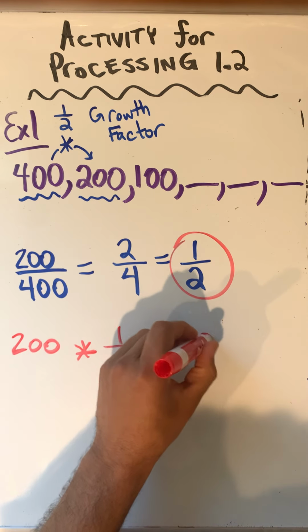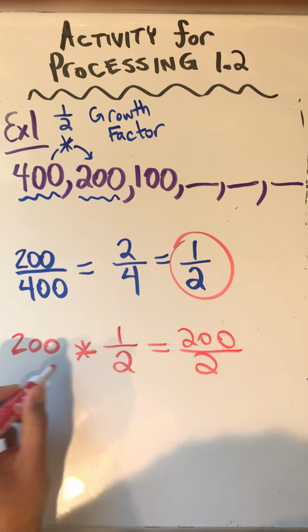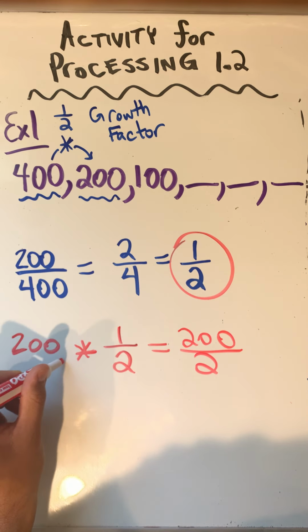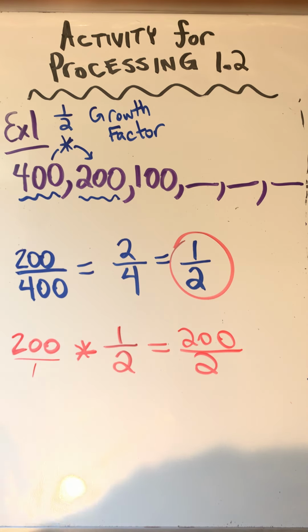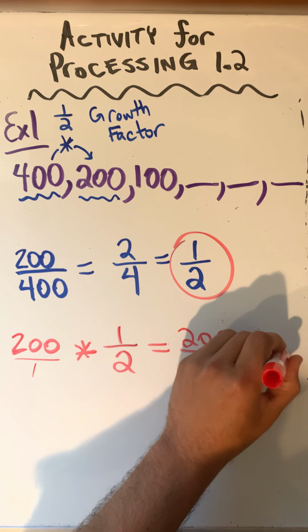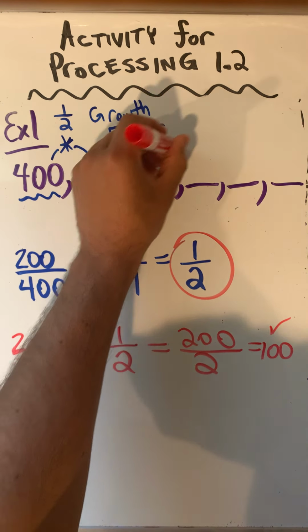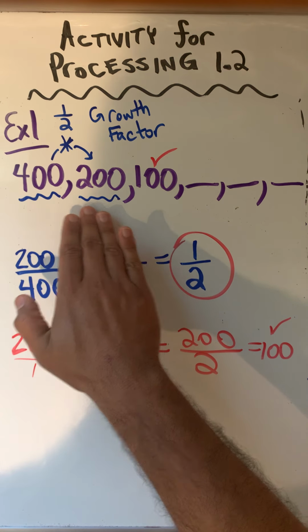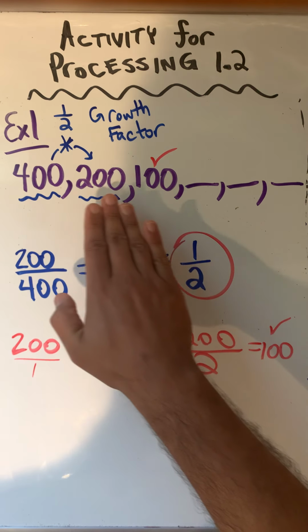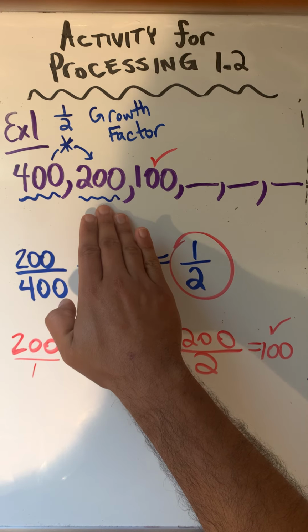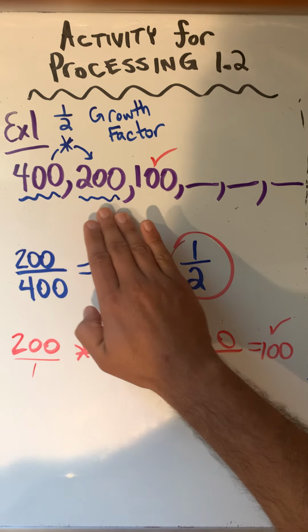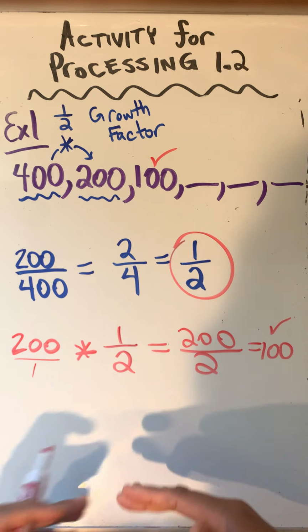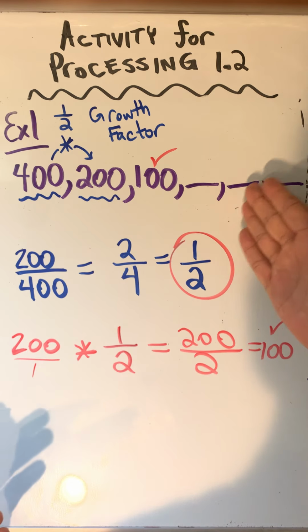And the answer is yes, I should. I'm going to put a little invisible one there. I'm going to put a little check mark here to say, oh, the growth factor seems to hold up. So if the growth factor that you get from the first step works to also give you the movement from the second term to the third term, then you can feel confident that you can now provide the next following terms for this sequence.